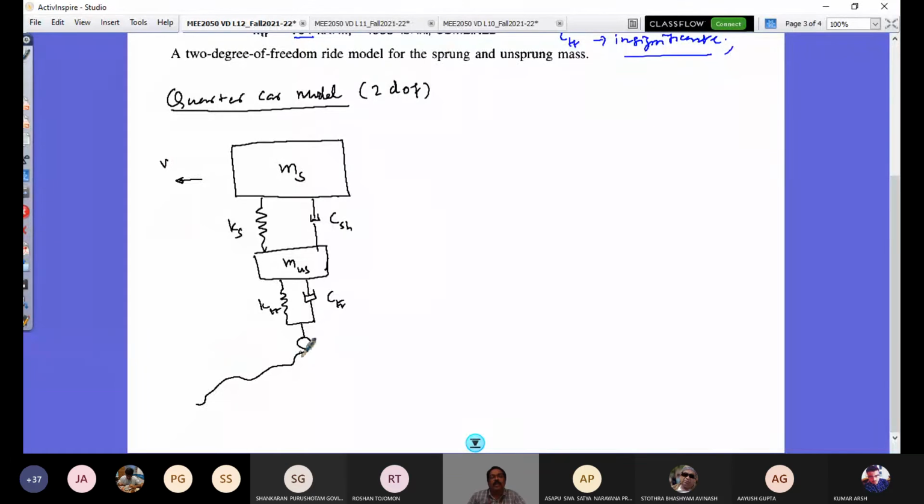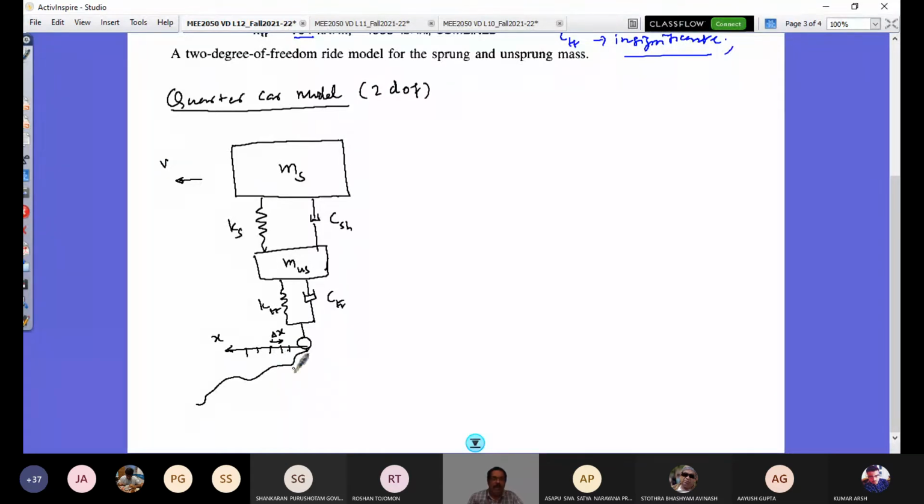Now this undulation in this direction x can be looked at with any number of wavelengths or discrete distances, say dx. So these discrete distances dx, and you see there is a slope of this curve that, multiplied by the velocity, would give you the excitation that comes from here, the road profile.